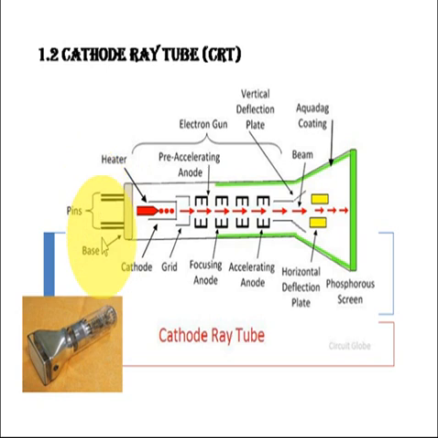You can imagine that the CRT handles a very high voltage. This much DC voltage the CRT can handle, and these pins get that DC voltage when the CRO is on.